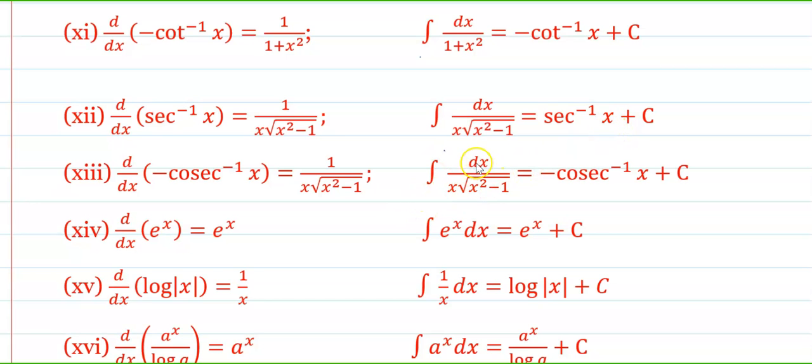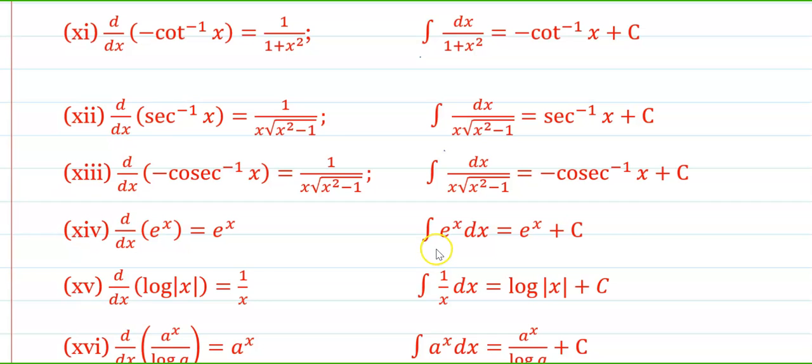Again next, the integral of dx upon x into under root of x square minus 1. Again I will ask the question, which is the function whose derivative is 1 upon x into under root of x square minus 1. That is nothing but the minus cosec inverse of x, and hence the integral of dx upon x under root of x square minus 1 is nothing but the minus cosec inverse of x.